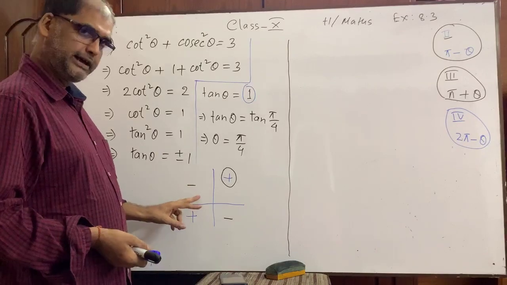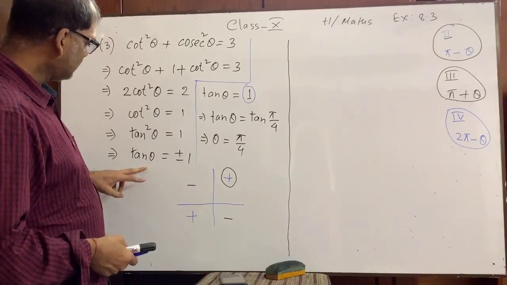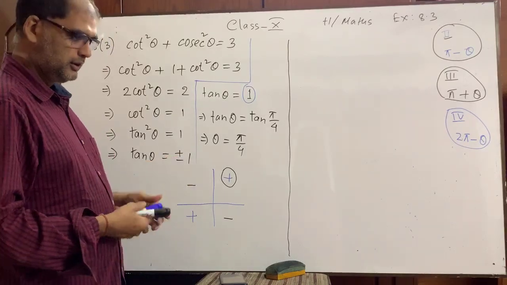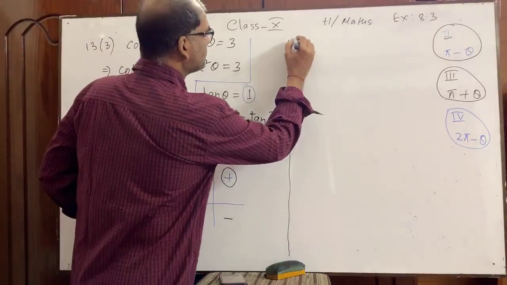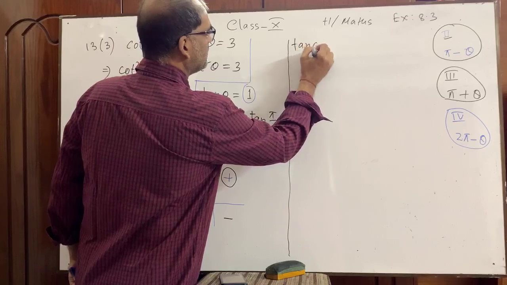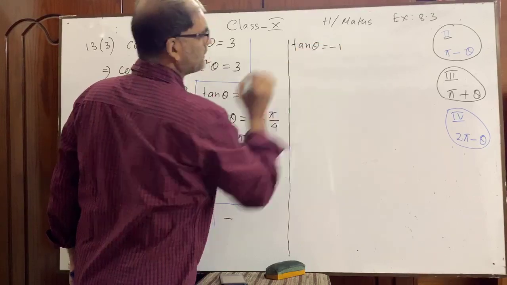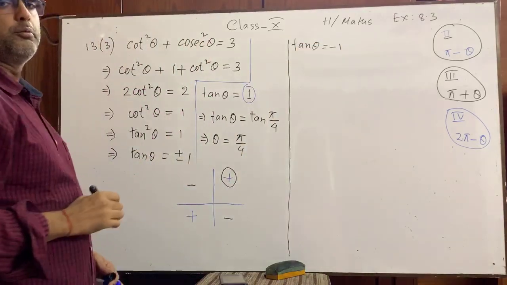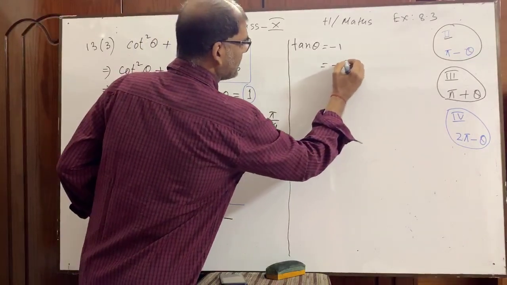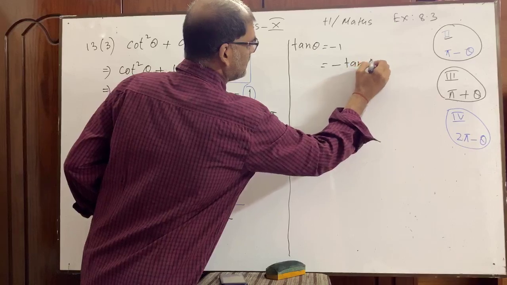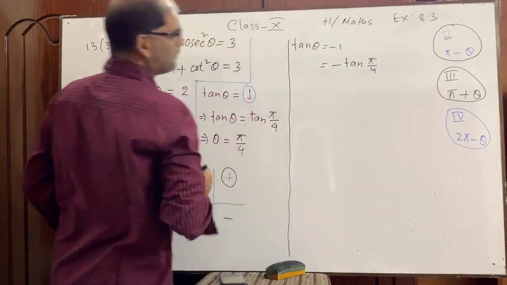Tan theta is negative. You see here, tan theta equals plus minus 1. So, what should be taken here? Here we have to take tan theta equals minus 1. That's good. That means minus tan pi by 4.